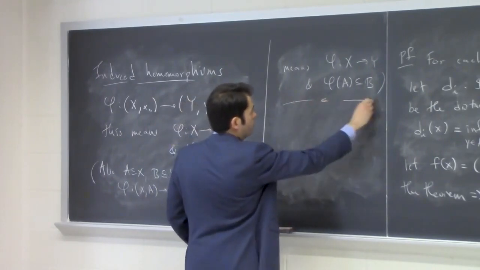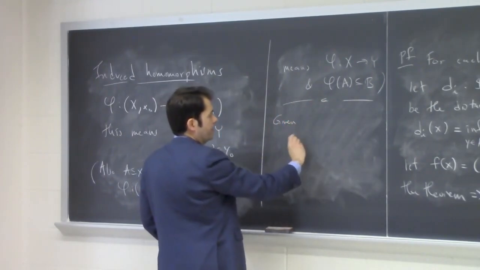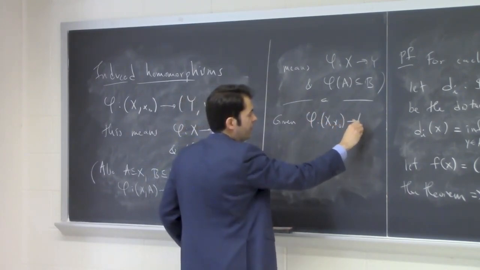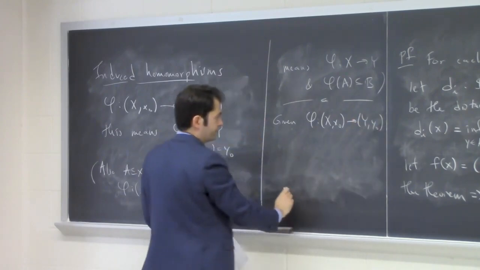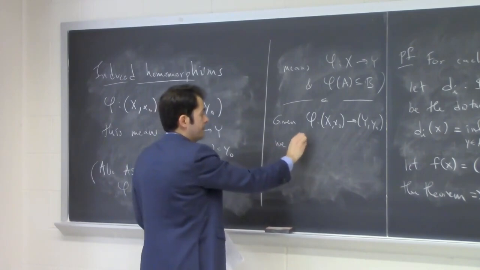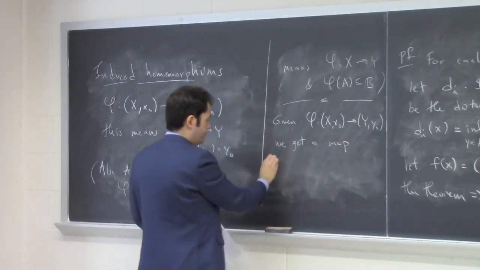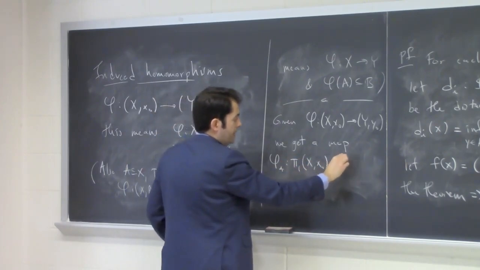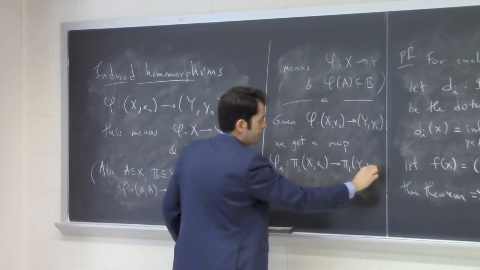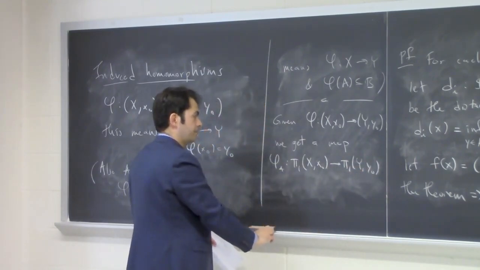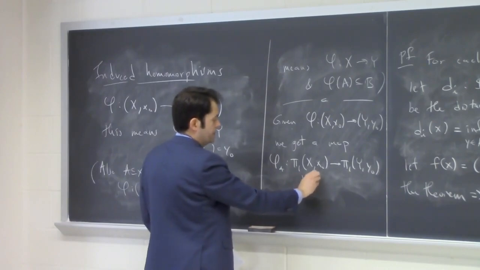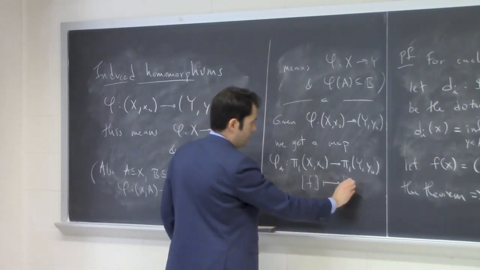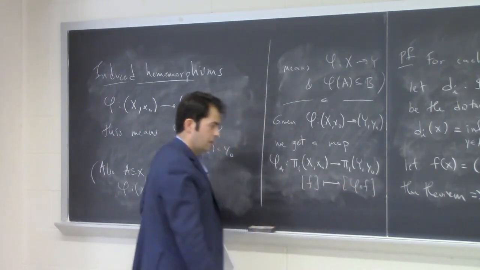Okay, so the point, of course, is that given a map of pairs or of based sets, we get a map from the fundamental groups at these points by taking the class of a loop and sending it to the composition.